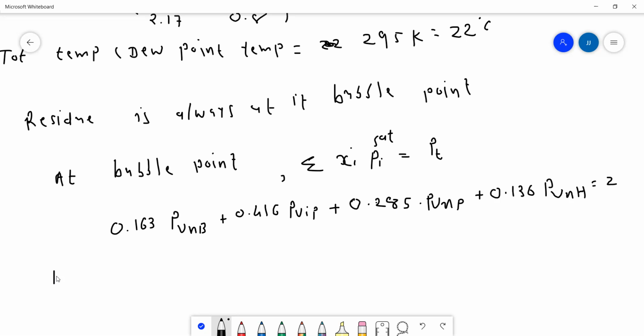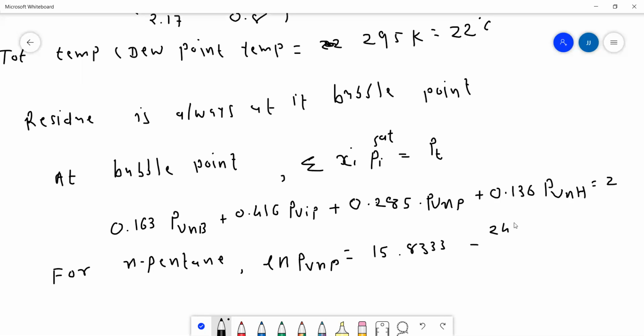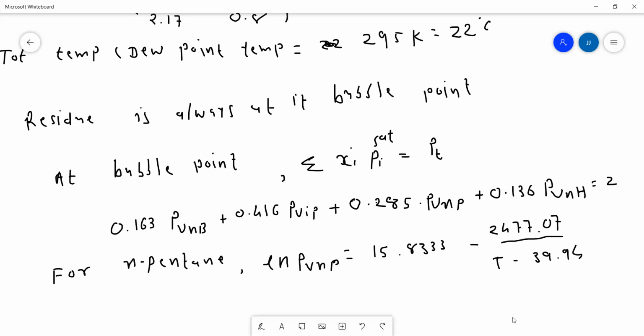For n-pentane, ln PV, the vapor pressure of n-pentane, is equal to 15.8333 minus 2477.07 divided by T minus 39.94.